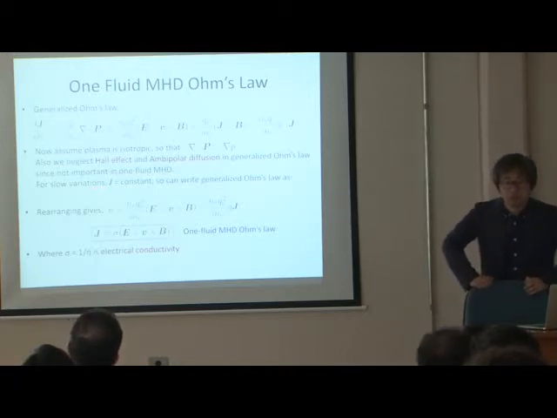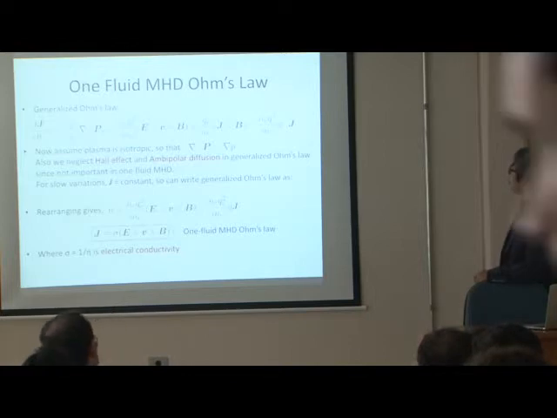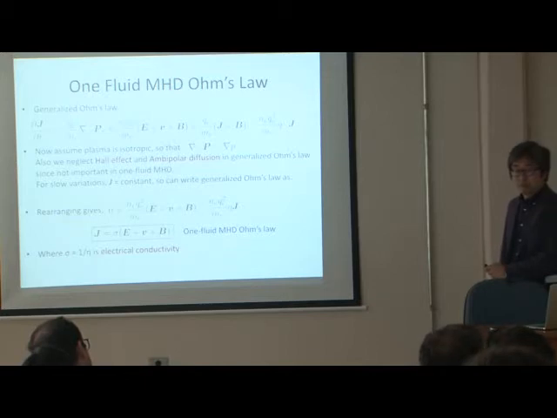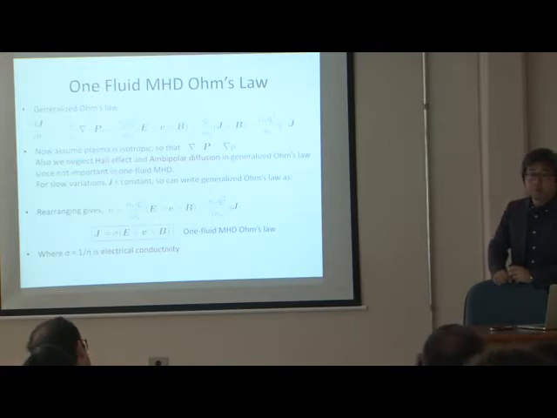Yes, I have a comment on this. The ambipolar diffusion term is present only if you take into account the neutral component, right? In this very simple description that you adopted of a single fluid, you have accounted only for the ions and the electrons.